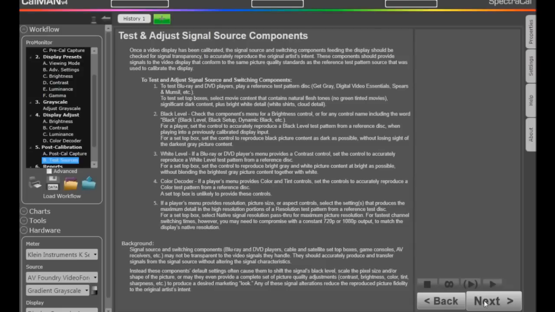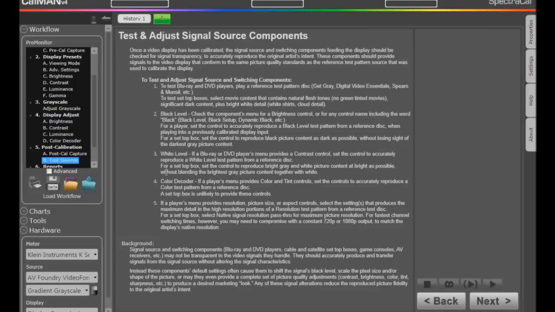Now that we have our display calibrated, we want to make sure that our source components feeding signals into the television are giving us accurate signals, and so they aren't producing incorrect black levels, for instance, or incorrect color. And so by playing a reference test pattern disc in our players, or by properly evaluating movie or other content on our displays through set-top boxes, we can properly determine an appropriate setting for black level and white level, for instance.